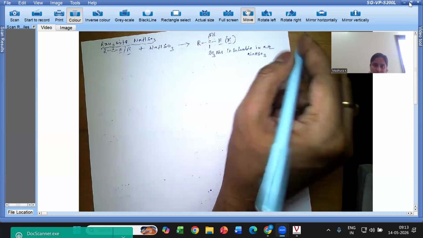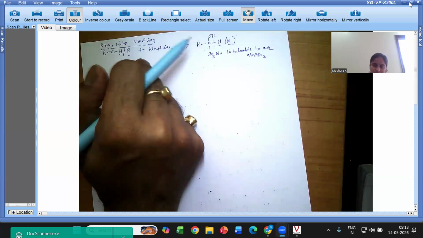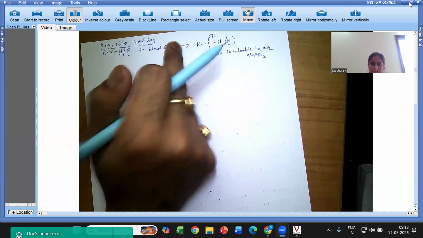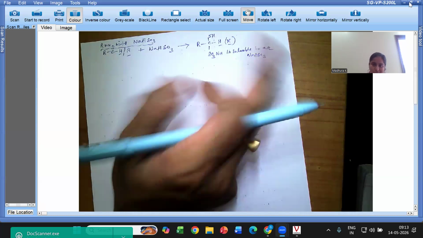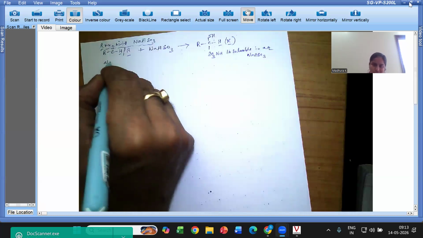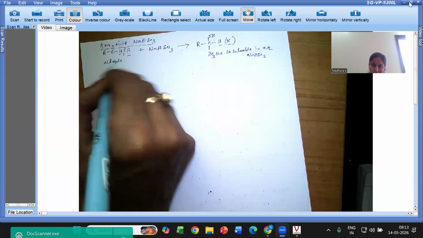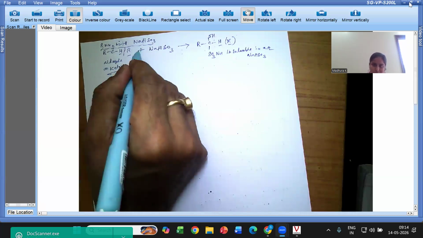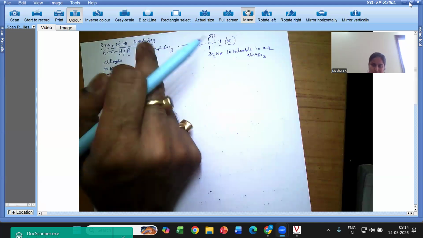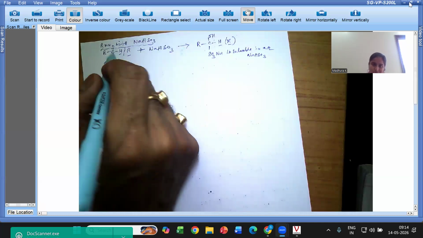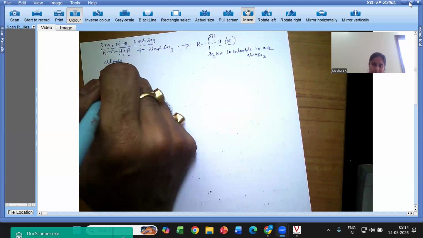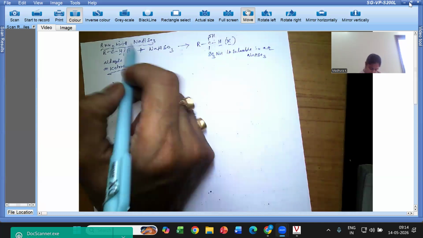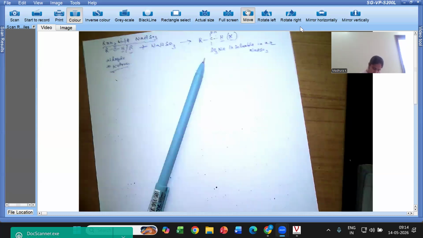So this reaction can be used for separation of aldehydes and ketones from other organic compounds. I am repeating that this reaction helps you differentiate aldehydes and ketones from other organic compounds using the sodium bisulfite reagent.